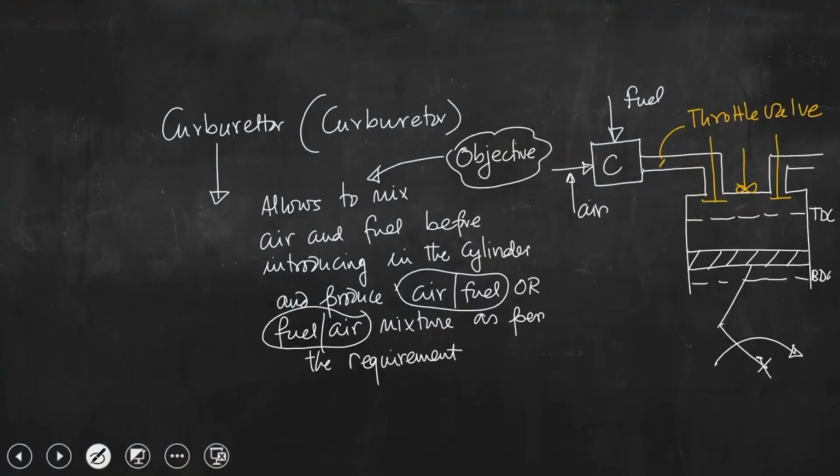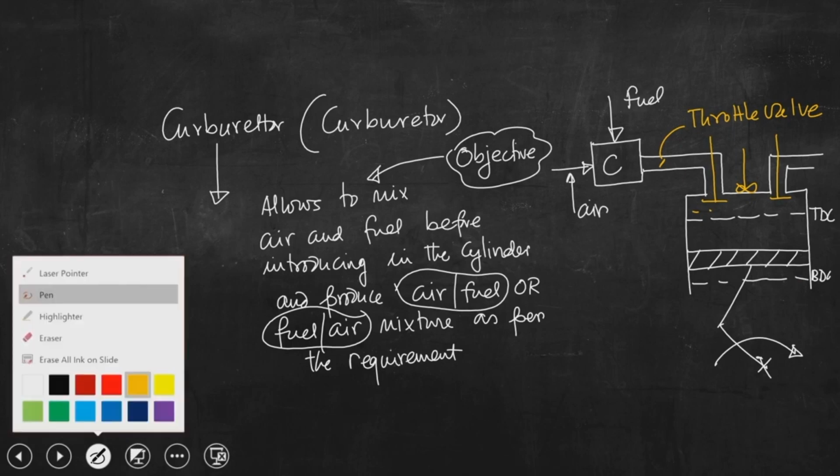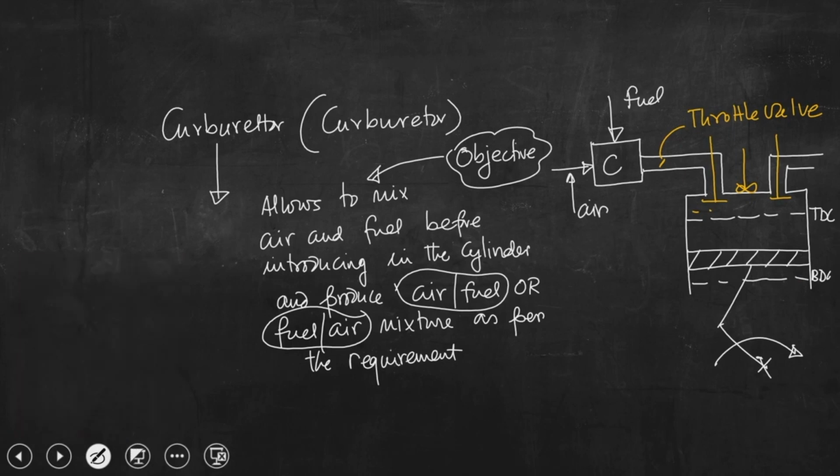So, this entire part is filled with combustion gases. After a particular cycle of operation, this space which is the clearance volume is filled with combustion gases.